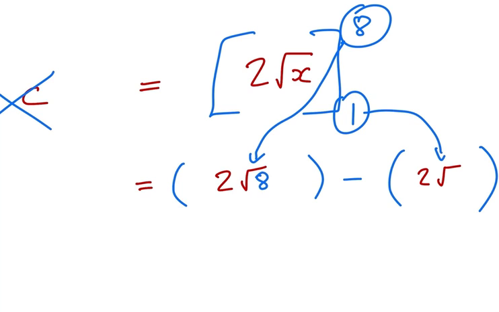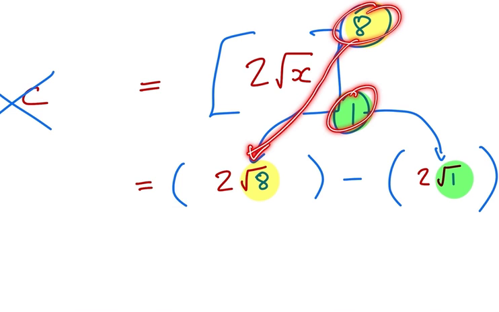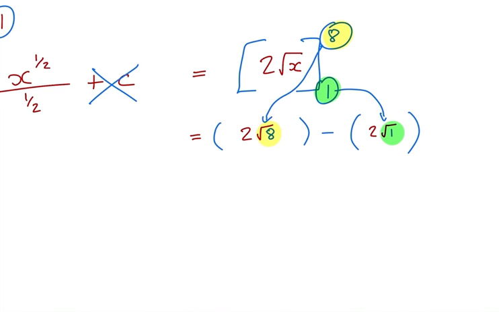So this 8 goes where x was, and this 1 goes where x was, and I'll just use some highlighters to show you what's gone where. So hopefully, as you can see, I've substituted the 8 into my first bracket and I've substituted the 1 into my second bracket. Just remember, the order of this is important. The top number needs to go into the first bracket and we take it away from the second bracket, which has the bottom number. Okay, now we're in a position to simplify this.